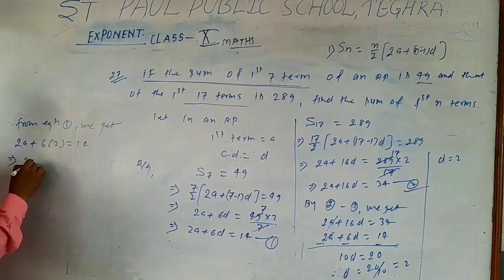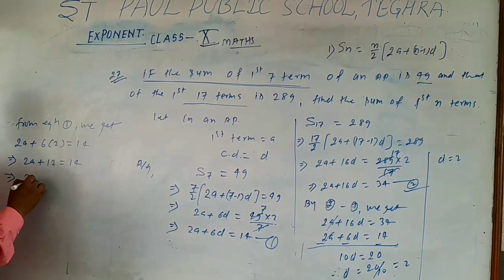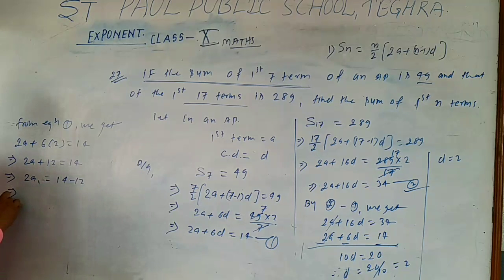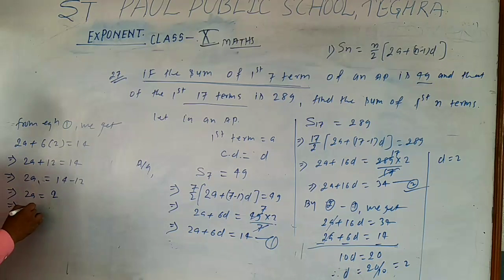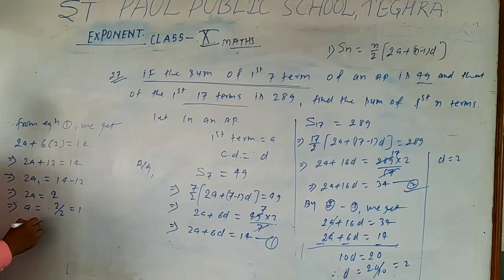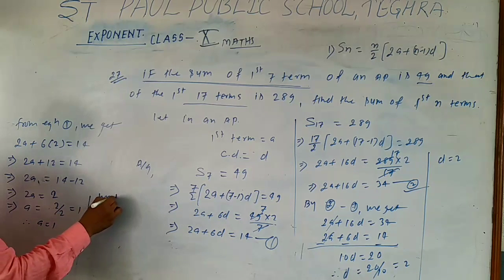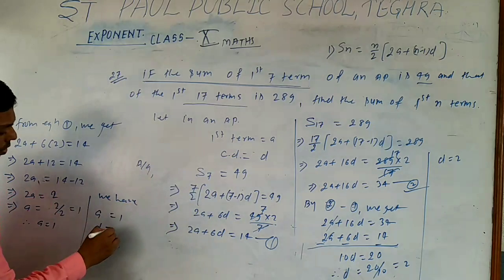This implies twice a plus 12 is equal to 14, which gives twice a is equal to 14 minus 12, so twice a equal to 2, so a is equal to 2 divided by 2, which gives 1. Thus a equal to 1. We have a equal to 1 and common difference equal to 2.